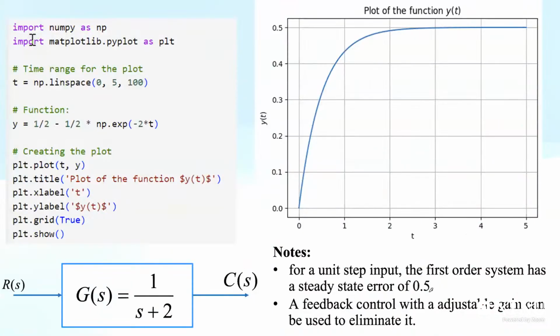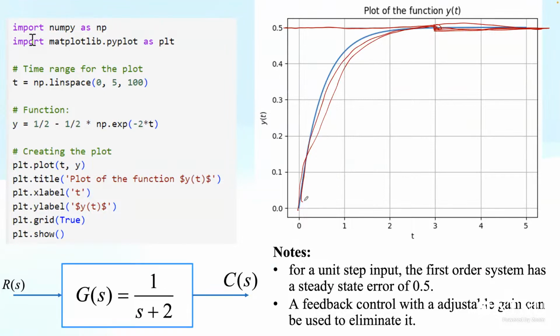If you want to plot the response, just use Python. The forced component is 0.5, so when we reach steady state, our response should equal 0.5, and the exponential part will disappear over time.